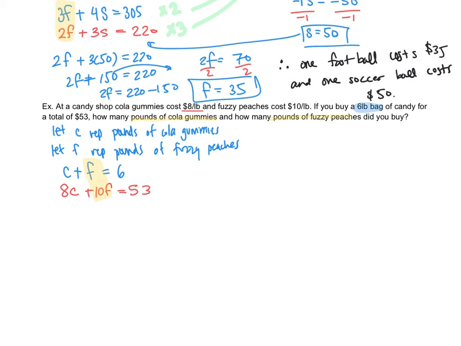So looking at 10 and that coefficient of 1, our common multiple will be 10, which means your first equation should get multiplied by 10 and the second one is fine the way it is. So 10 times C, 10 times F, and 6 times 10 is 60. And the other one I will just write out.